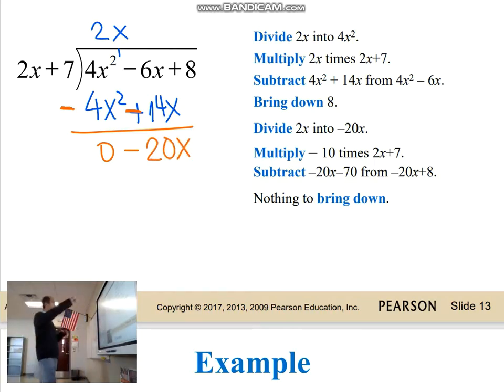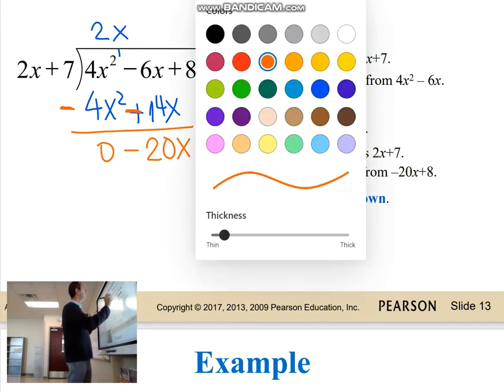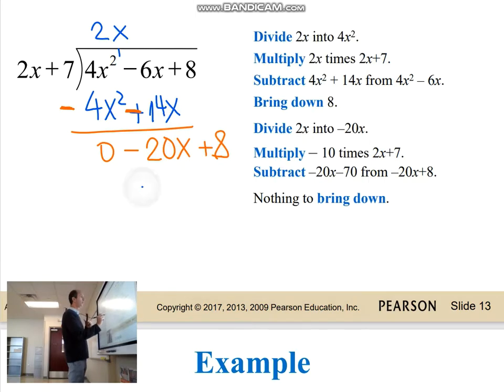And bring down plus 8. Let's bring down plus 8. We will divide again. We will repeat the same step by step. Divide negative 20x by 2x, and if we divide negative 20x by 2x, we will have negative 20 divided by 2, negative 10, x divided by x, 1.